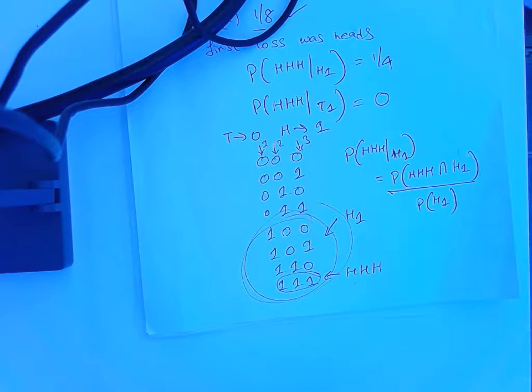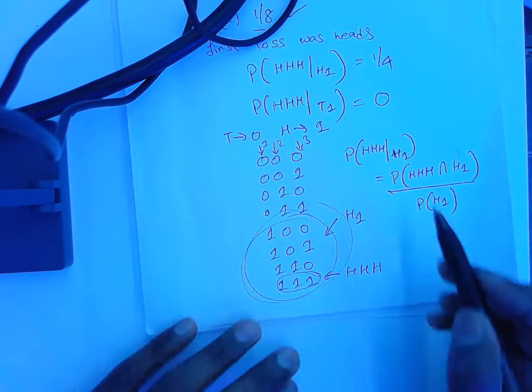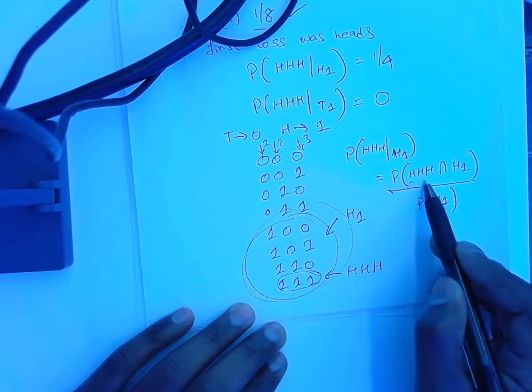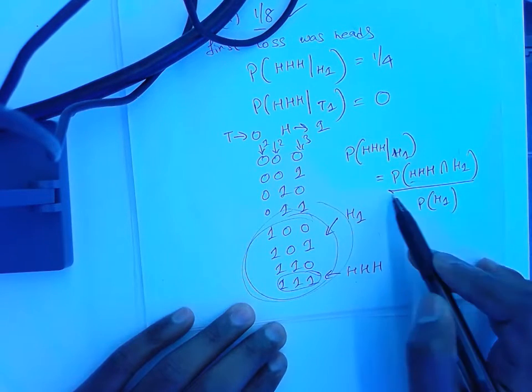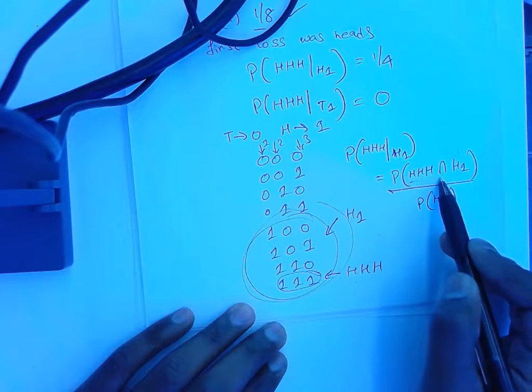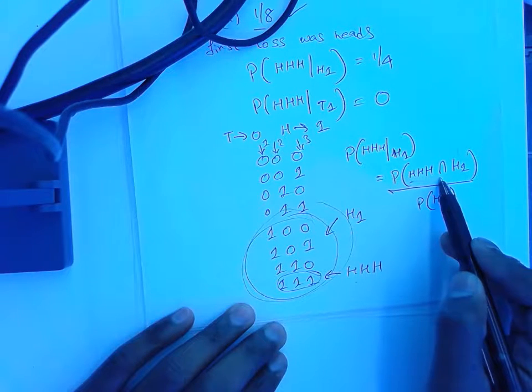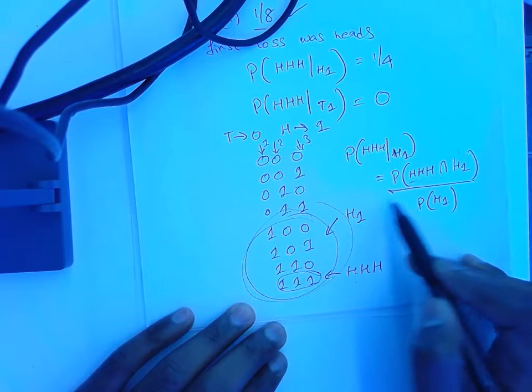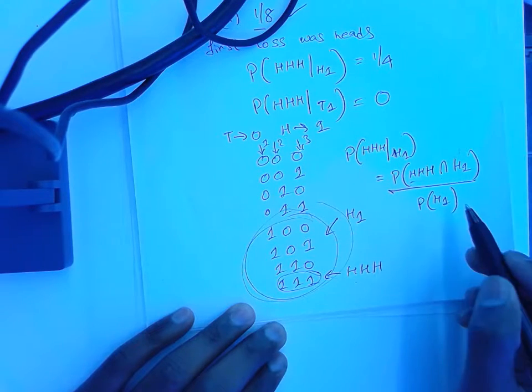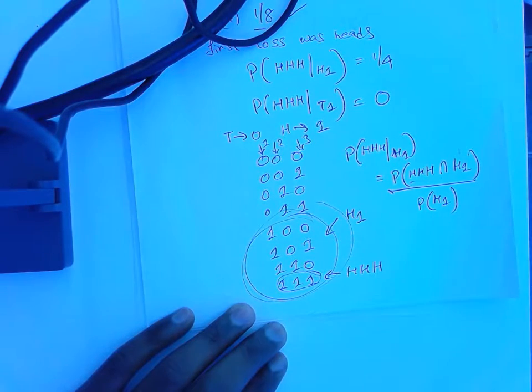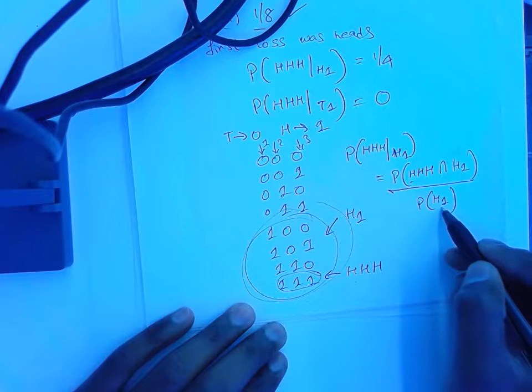Right, so that means in the numerator we're looking at the probability of both of them happening jointly, right? And you're dividing because your entire space of outcomes is just H1, right? Because you only have to look in H1.